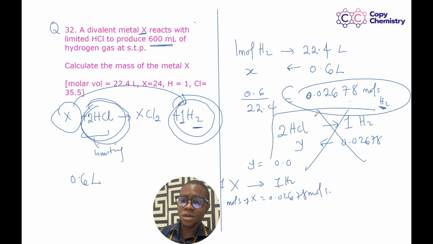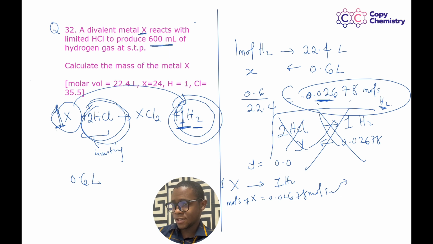This one is really clear because if this is the moles of H2 produced from this equation, 1 mole of X produces 1 mole of H2. So that means if this mole of H2 was produced, it came from 1 mole of X. Is it clear now? Forget about this part. So that's the moles of X here.